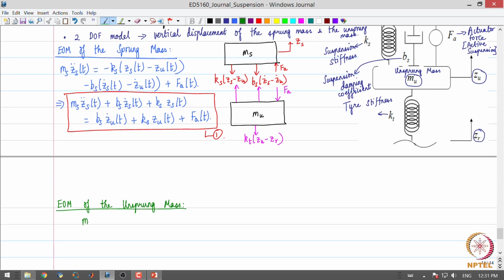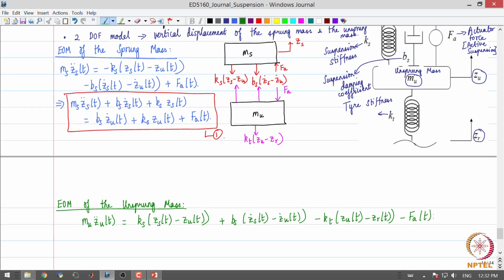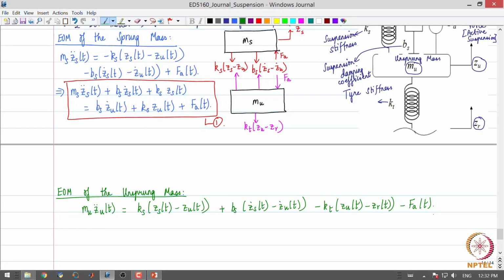So, we will get mu times zu double dot t, that is the acceleration, that is going to be equal to ks times (zs(t) minus zu(t)) plus bs times (zs dot t minus zu dot t), minus kt times (zu(t) minus zr(t)) minus FA(t), right. So, that is the equation of motion of the unsprung mass.